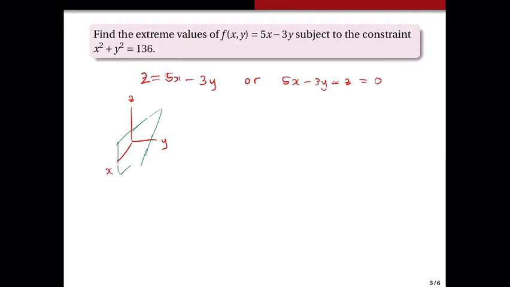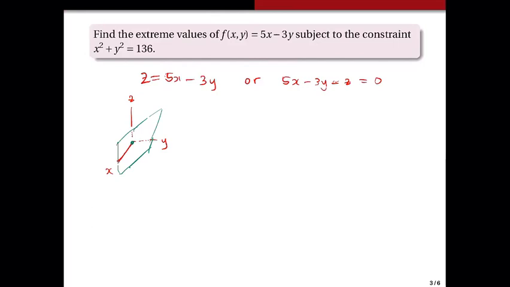It contains the origin, and this part here may be located on the back of the plane. And then here you have the front.